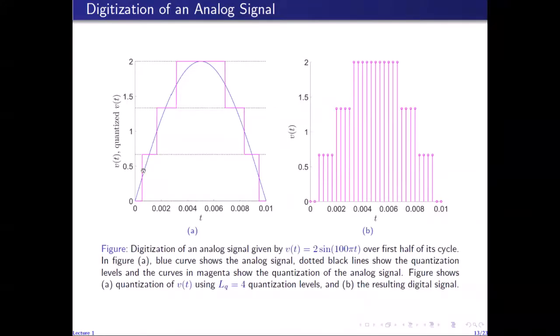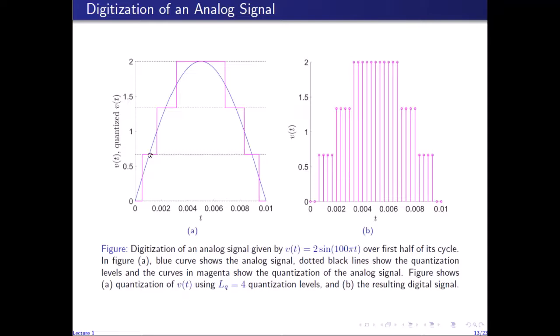So the analog signals are mapped to these quantized levels as follows. All of the analog values which lie within the lower half of this quantization step are mapped to 0.